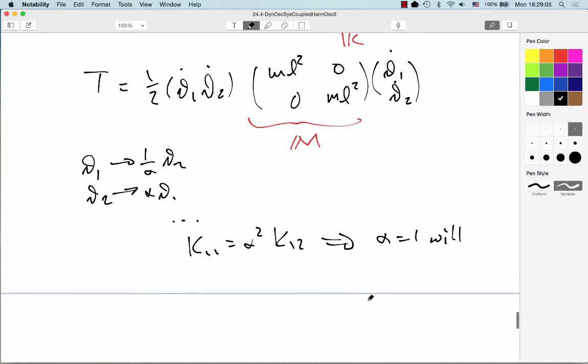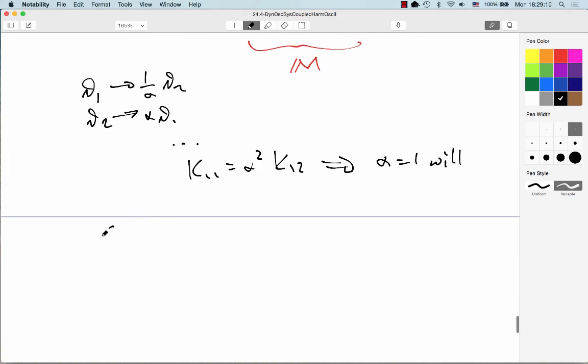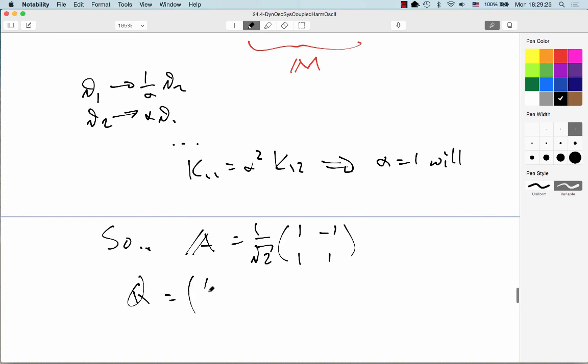So we can write our transformation matrix will be, we're going to throw in a 1 over root 2 just for normalization. 1, 1, minus 1, 1, right? So then our Q's will be 1 minus 1, 1, 1, theta 1, theta 2.